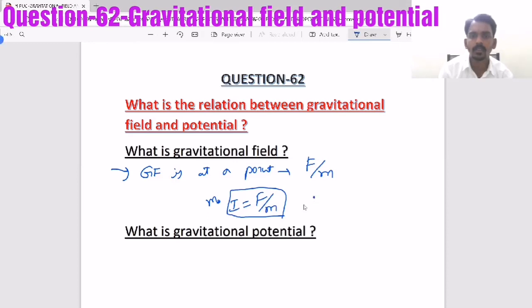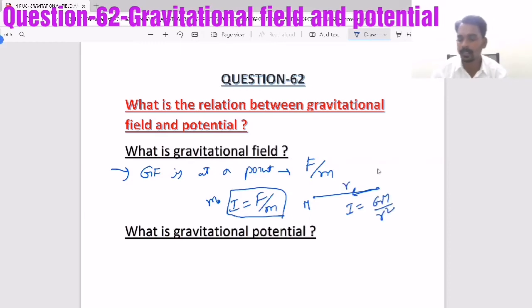Due to a point mass at any distance, there is a gravitational field GM by r square. As gravitational force is always attractive in nature, the gravitational field always directs towards the mass.